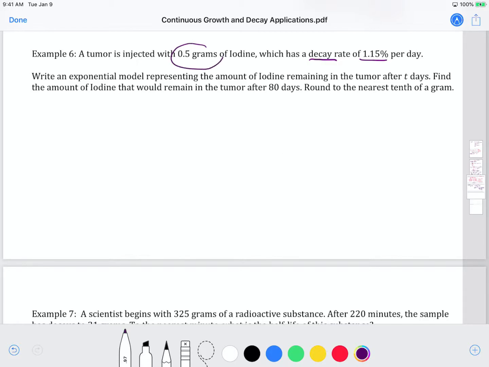Since we're starting with 0.5 grams, that's going to be our value of P, our starting point. And our rate is going to be negative 0.0115. We've got to put it in decimal form, and I want to make sure I put a negative in front of it because it's decaying. And then I have my independent variable T for time, and T is in days.